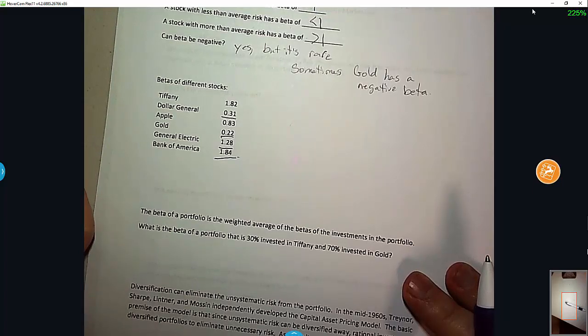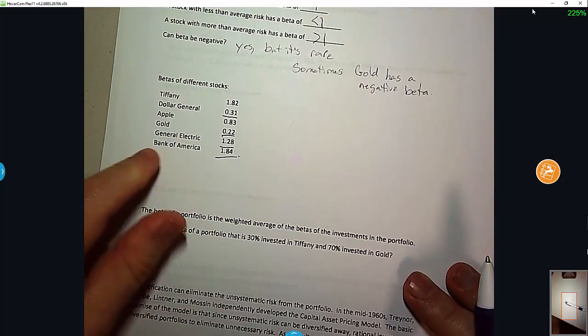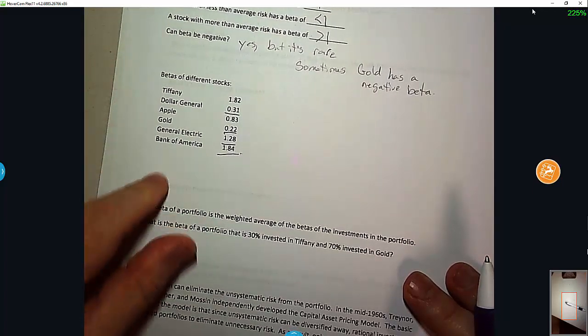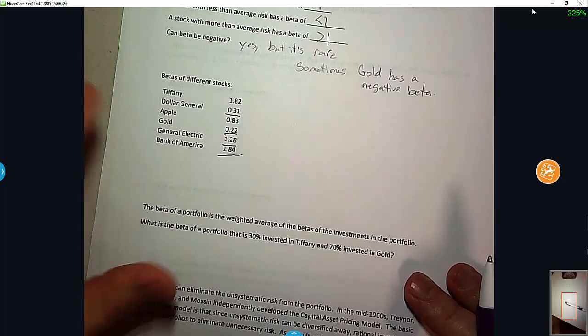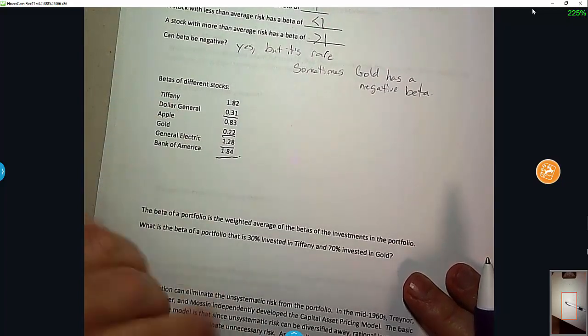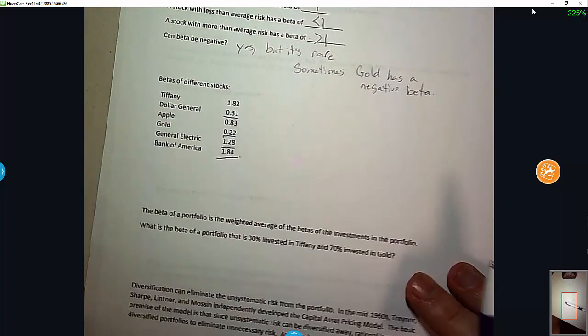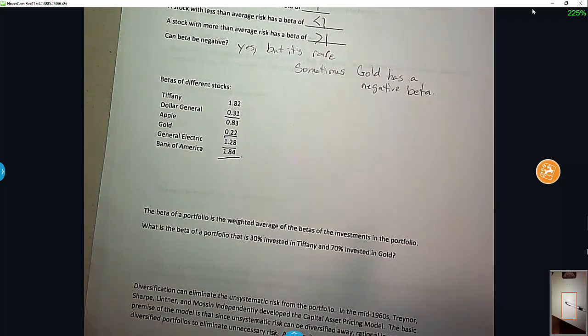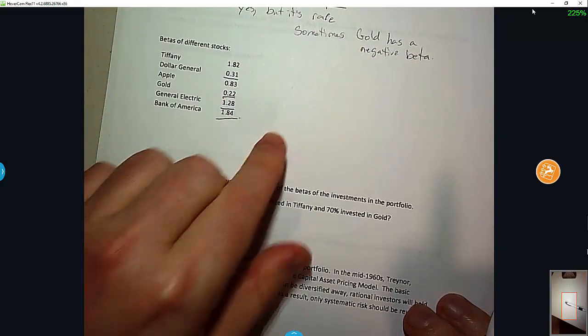When the economy is doing poorly, the opposite occurs. Financial services industries are also sensitive to interest rates changing, and so certainly that would also impact Bank of America's beta there. So that gives you an idea of why different companies have different betas. It's based on what they do.